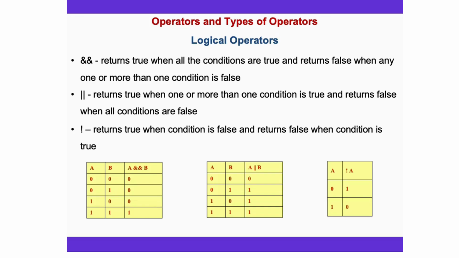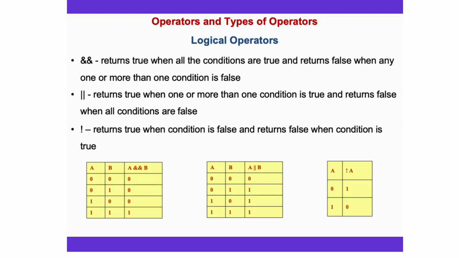Otherwise, it returns false when any one or more conditions are false. Here condition 1 is the first expression, and the second condition is false. So the B value is false, and it produces a false value.